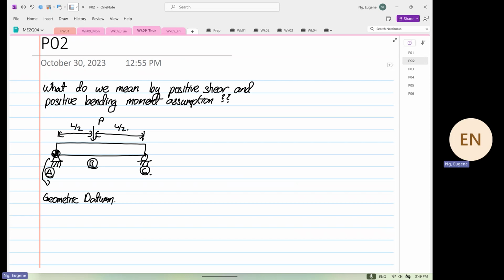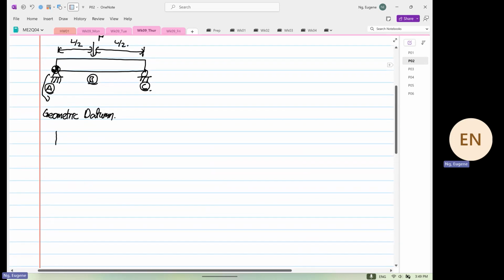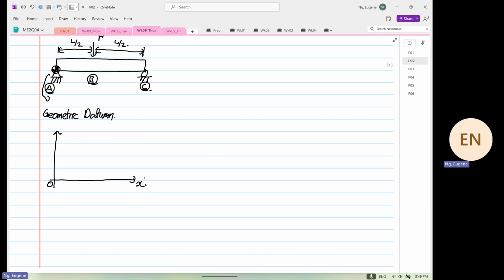Because whenever you draw your shear force and bending moment diagram, you start from your geometric datum 0, always from the left-hand side, and you have a shear force, and you have your bending moment. Okay. More importantly is what?